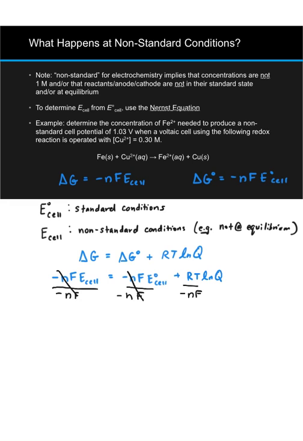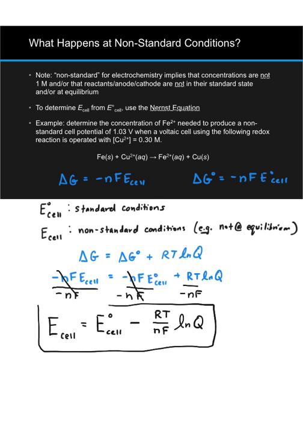Those terms go away in the first two quantities, and we're left with E cell under non-standard conditions is equal to E cell under standard conditions with a naught symbol, minus RT over nF times the ln of Q. This equation is extremely important for tying together standard conditions to non-standard conditions as a function of equilibrium or lack thereof in our reaction quotient Q. This is the Nernst equation.